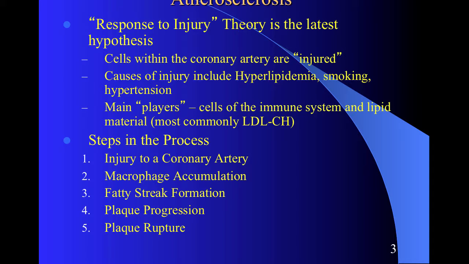Those can all damage the artery, and that can then cause a response from the cells of the immune system. And then lipid materials can become involved in this significantly.